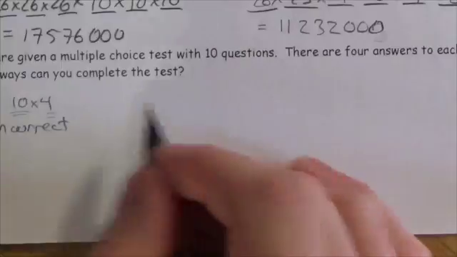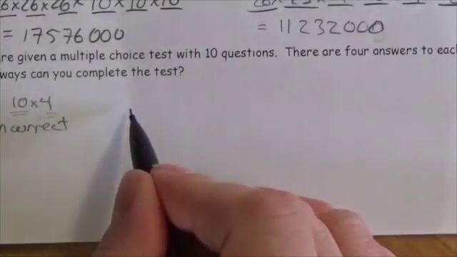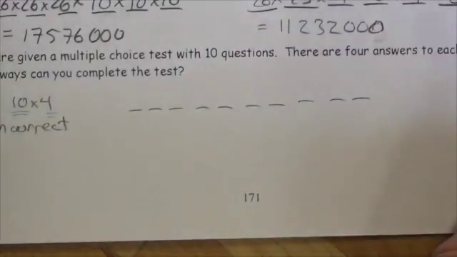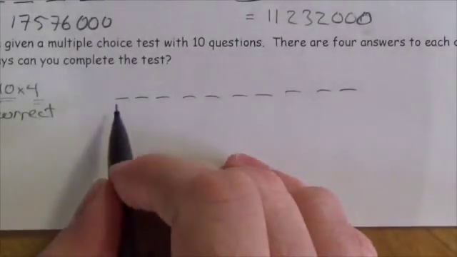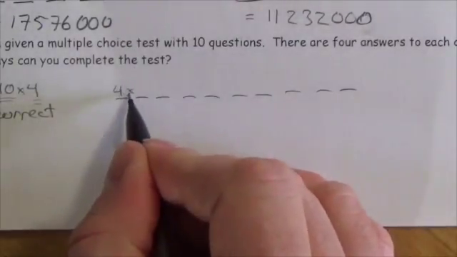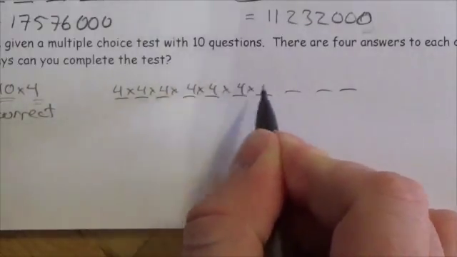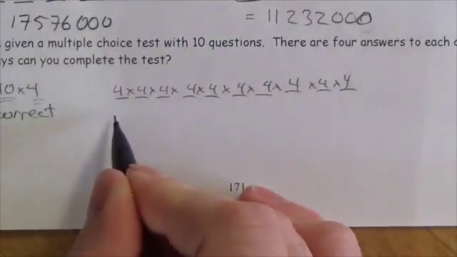What you'd normally have to do here, in order to complete the test, is complete all the questions, and there are 10. So it's 1, 2, 3, 4, 5, 6, 7, 8, 9, 10. There are 10 little subtasks that need to be completed here. How many options are there for each of these tasks? Well, 4, 4, 4, and so on, ten times.